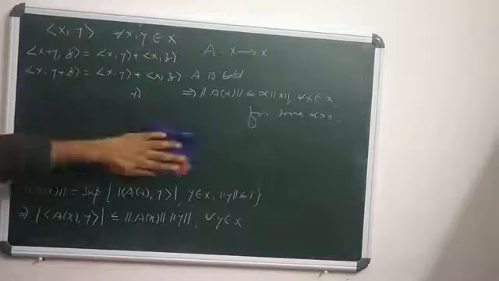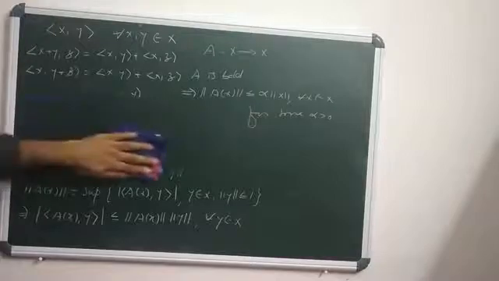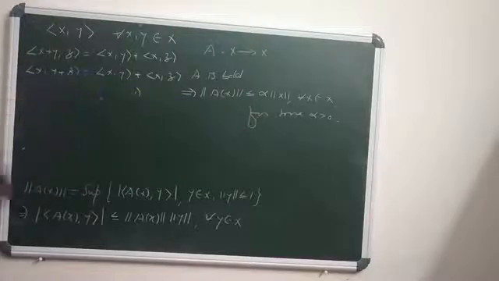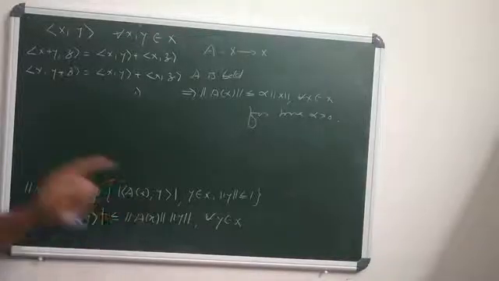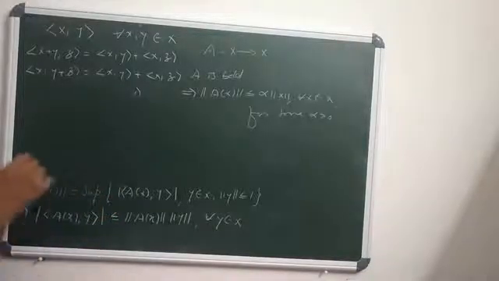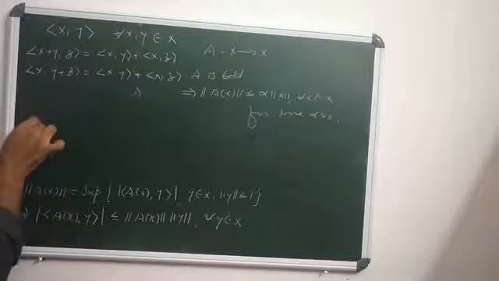According to this argument, the norm of Ax is the supremum of the modulus of the inner product <Ax, y> for all y in X with norm y less than or equals 1. Moreover, the modulus of <Ax, y> is less than or equals norm Ax into norm y. So from here, what is norm A?